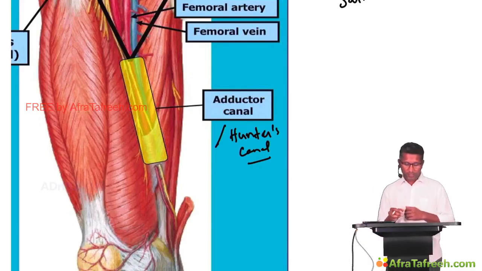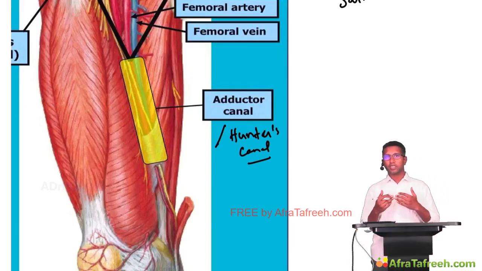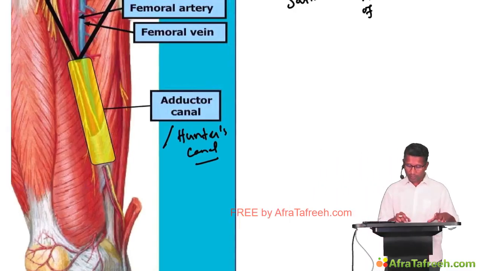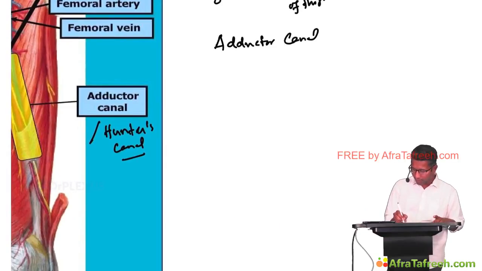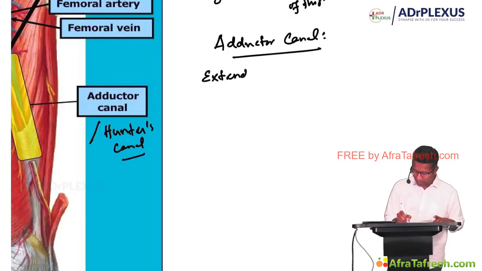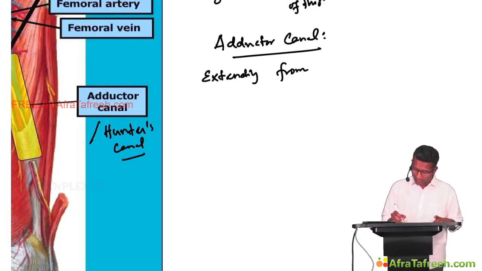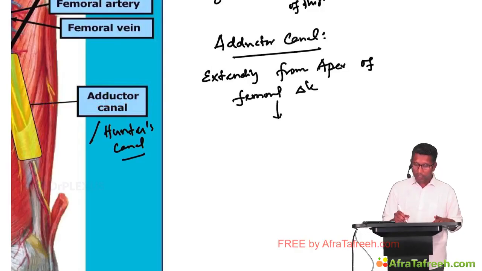Okay, so leaving the history aside, what is the extension of the adductor canal? It extends from the apex of the femoral triangle to the hiatus of the adductor magnus.